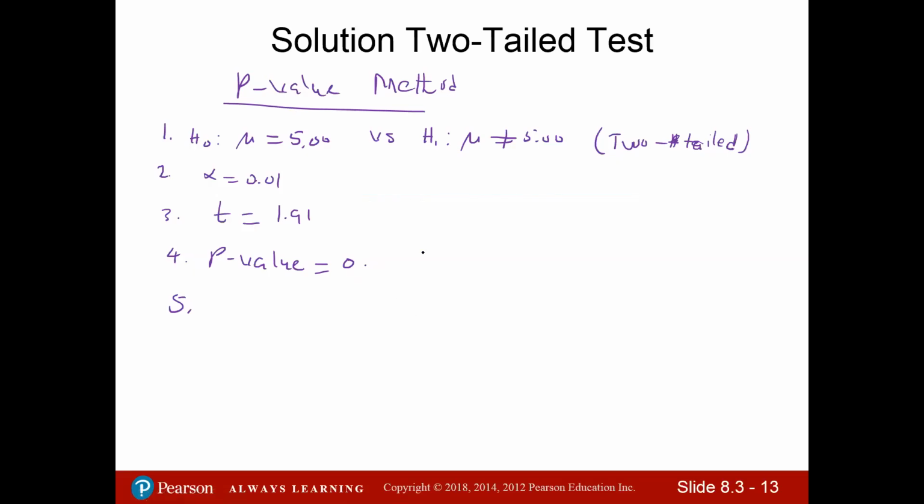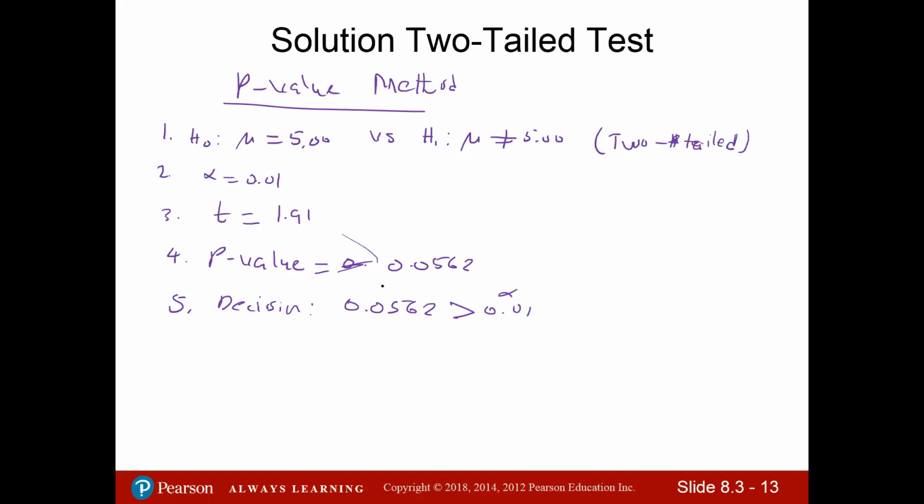So this is 0.0562. Now, if you look at this, the p-value 0.0562 is greater than 0.01.